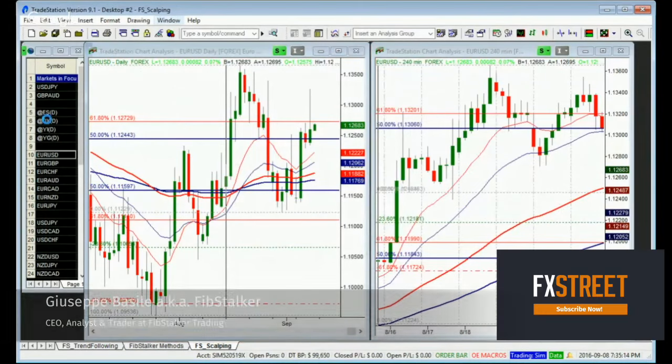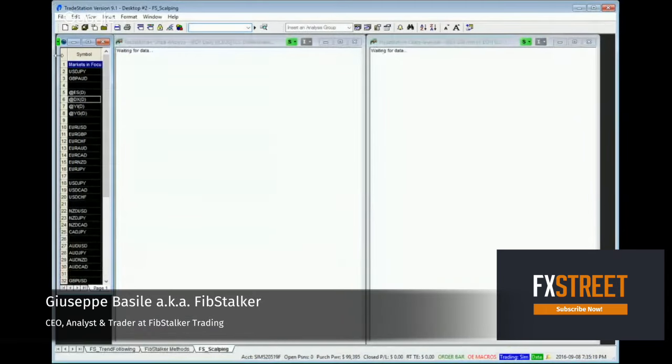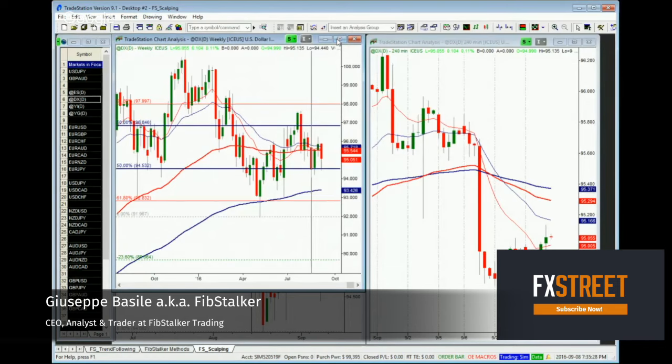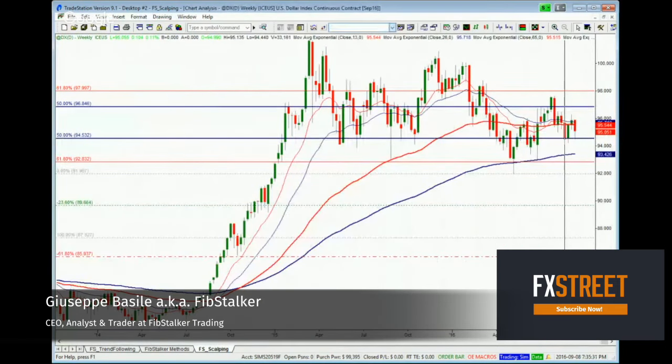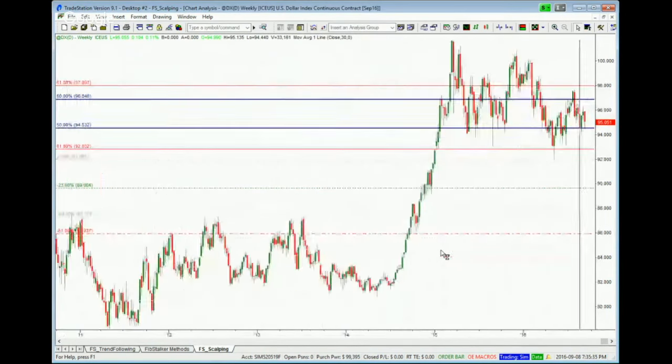I want to start from the dollar index, obviously, because today we are focusing on the dollar index. And in my analysis, I always like to look at, starting from the larger time frame, how the algorithms are actually positioned in this market.